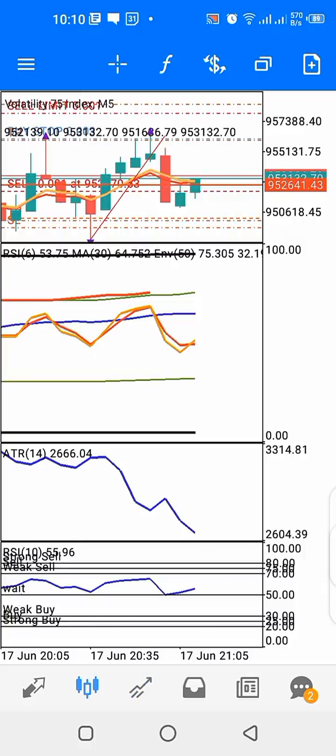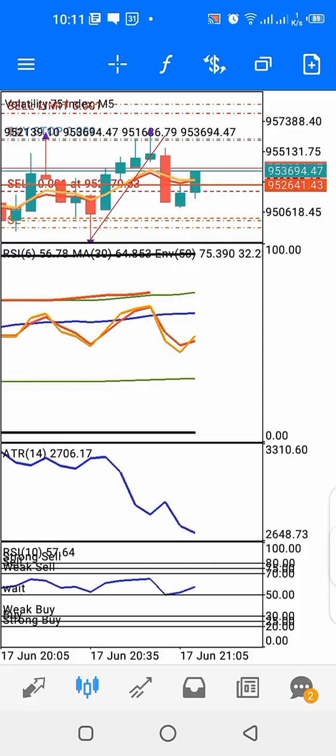Currently I have 2,000 points on my sell trade, and the sell trade is the only trade that is running for now. But if the buy stop order gets triggered, that is, my hedge trade gets triggered, I will have to quickly adjust the take profit of my sell trade to 2,500 points, so that I have an equal number of take profit points on both trades, on the sell trade and on the buy trade.